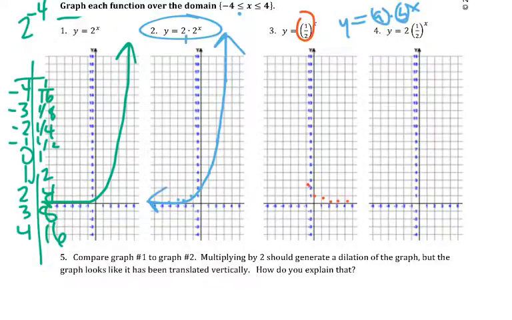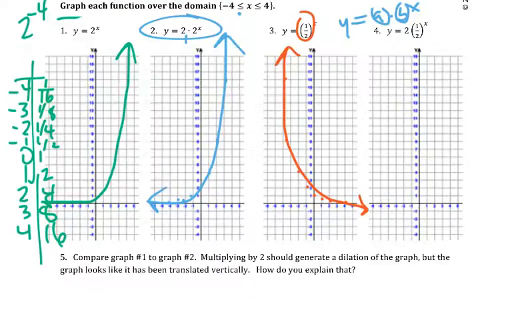And it looks something like this. 1 here, 2, 1/2, 1/4, 1/8, 1/16. To the left at -1 would be 2, -2 would be 4, then 8 at -3, and 16. So it looks something like this.